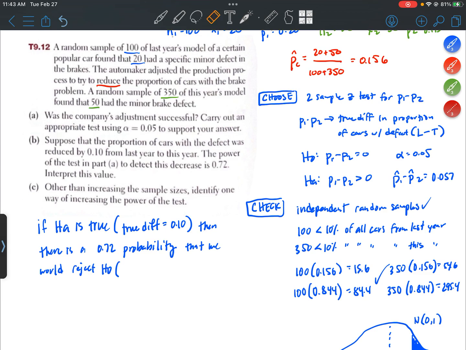Or I think a better way of saying it is there's a 0.72 probability that we would find convincing evidence that the adjustment was successful.